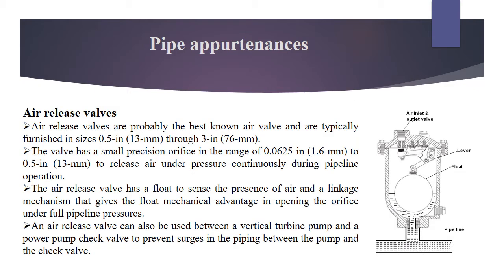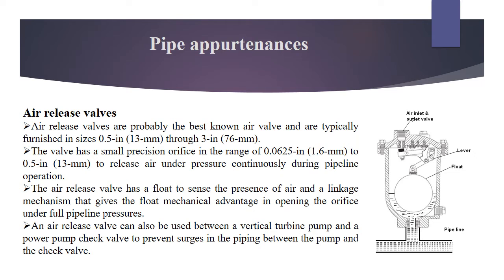Air release valve. Air release valves are probably the best known air valves and are typically furnished in sizes 13 mm through 76 mm. The air release valve has a float to sense the presence of air and a linkage mechanism that gives the float mechanism advantages in opening the orifice under full pipeline pressures.